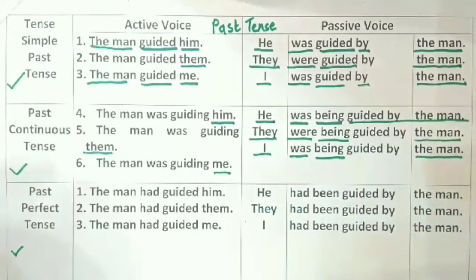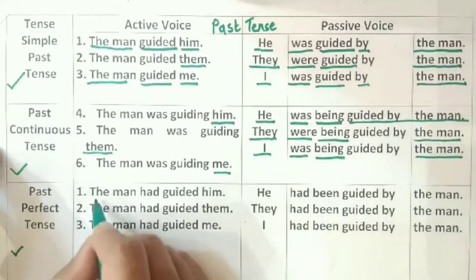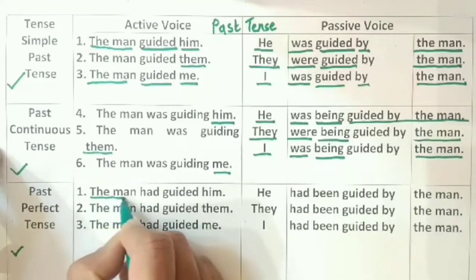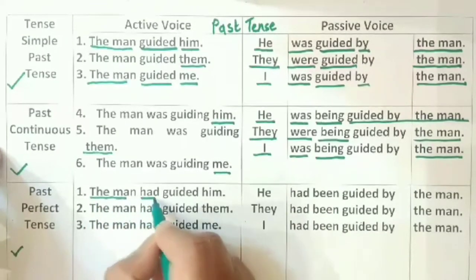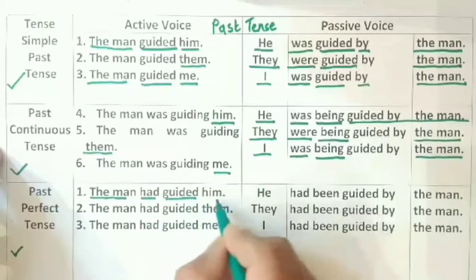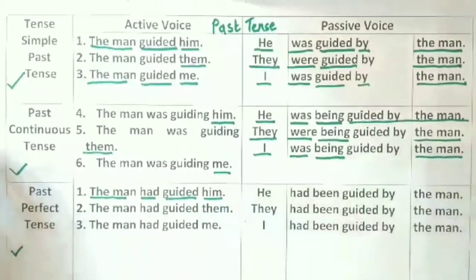Now let us come to the third subtype of the past tense, past perfect tense. If you compare, students, present perfect tense and past perfect tense, here we have the pattern: subject plus had plus V3 and object.